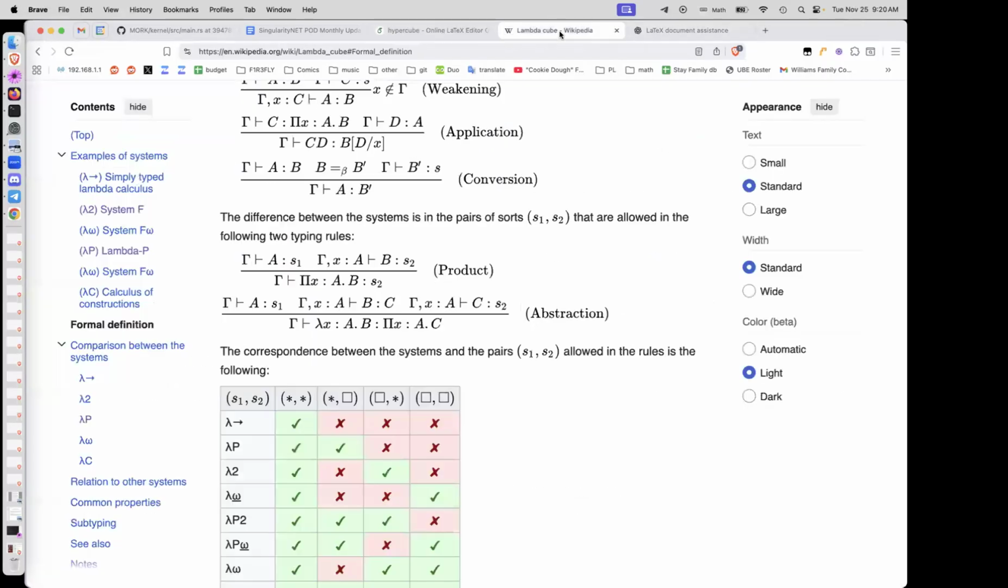So that is exactly what occurs here. Given A has this sort and X has that type, implies that B has this sort, then we get this type operator that has that sort.